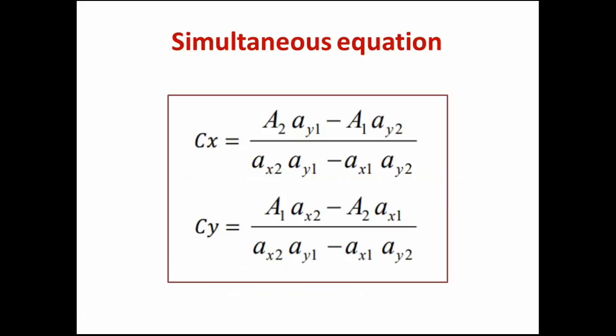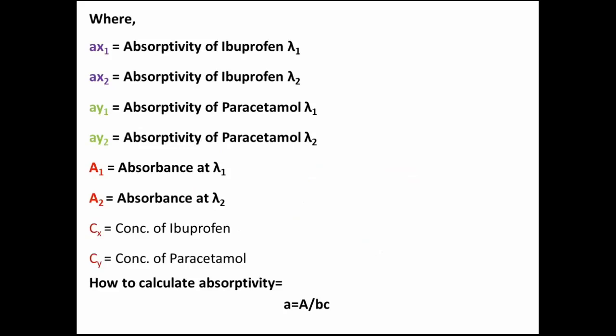By using this equation, we will determine Cx and Cy, that is the concentration of ibuprofen and the concentration of paracetamol, where Ax1 is the absorptivity of ibuprofen at lambda 1, Ax2 is the absorptivity of ibuprofen at lambda 2, Ay1 is the absorptivity of paracetamol at lambda 1, and Ay2 is the absorptivity of paracetamol at lambda 2.